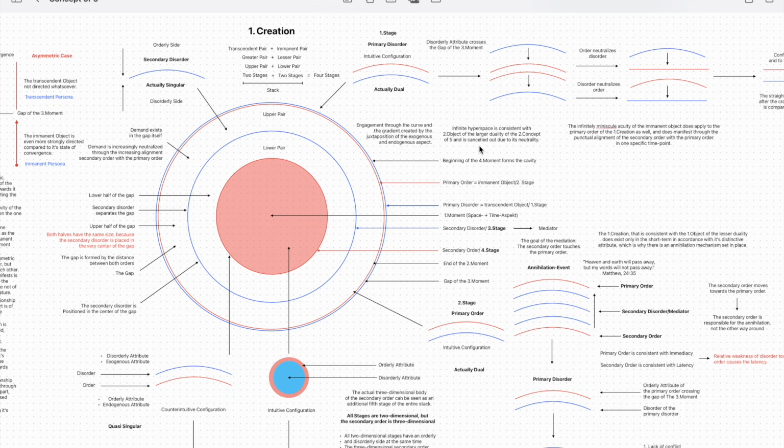After the cancellation of the second object of the larger duality, we are only looking at the remaining two objects of the lesser duality, which is the transcendent object and the immanent object of the lesser duality of the second concept of 5.